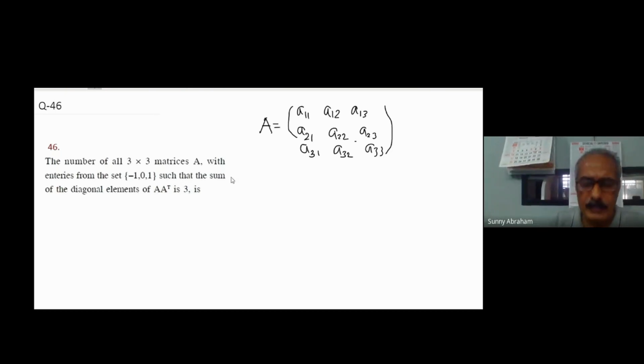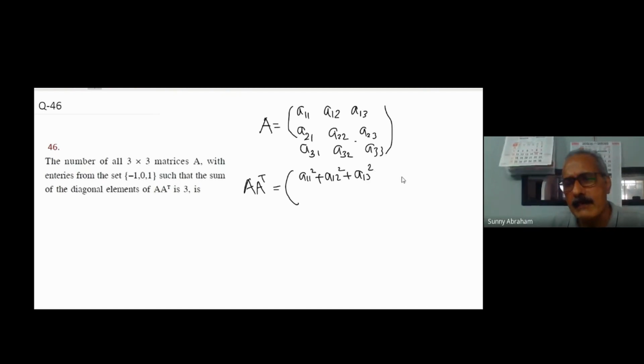Have you ever calculated A into A transpose and its form? The first row, first column element will be A11 square plus A12 square plus A13 square.